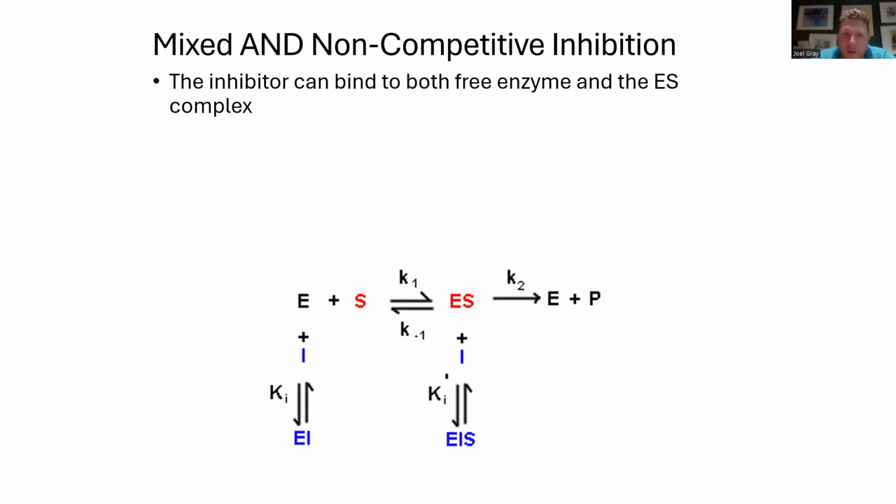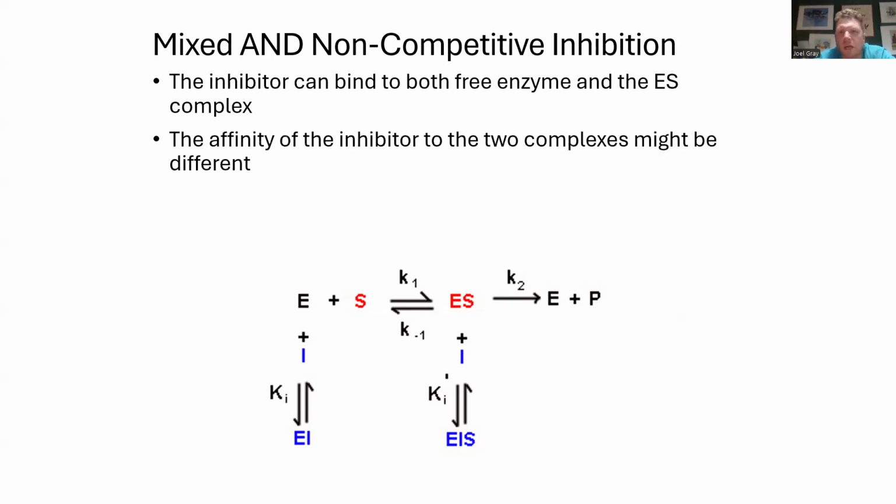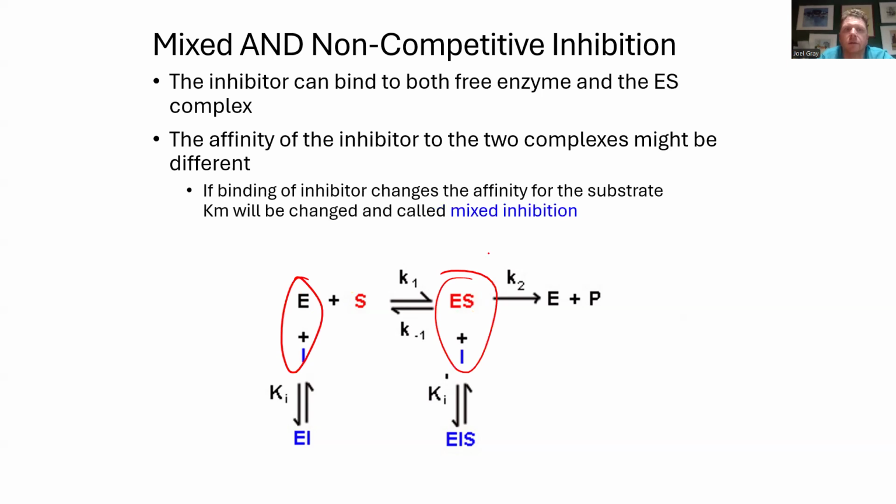The inhibitor can bind for a mixed and non-competitive inhibitor. It can bind to both the free enzyme and the ES complex. The affinity of the inhibitor to the two complexes might be different. So you would design an inhibitor, and maybe it has a preference for binding E. Maybe it has a preference for binding ES.